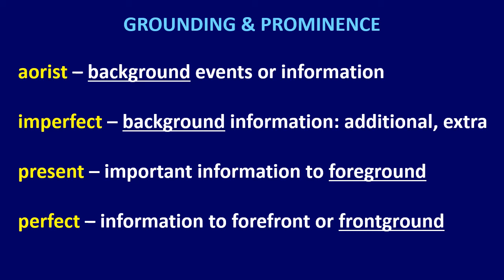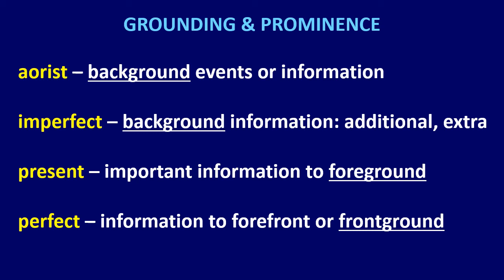Now that we've looked at all the tense forms again, and you've learned about perfect tense, it's time to introduce you to the subject of grounding or prominence. When an aorist tense form is used many times in discourse, it doesn't have major significance in terms of why it's used. In fact, it's so common, it's the most commonly found form with the present tense, that it just doesn't have a whole lot of significance.